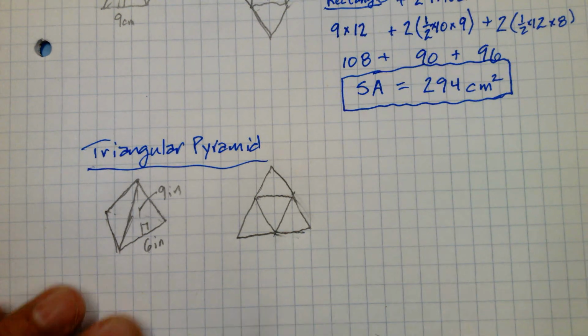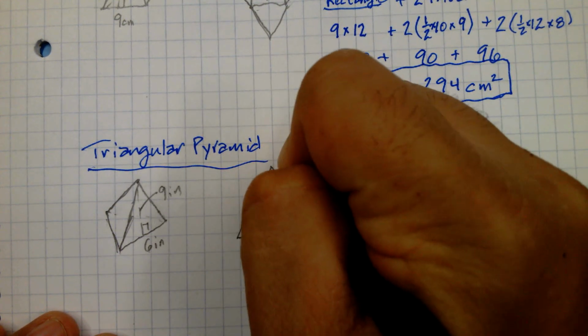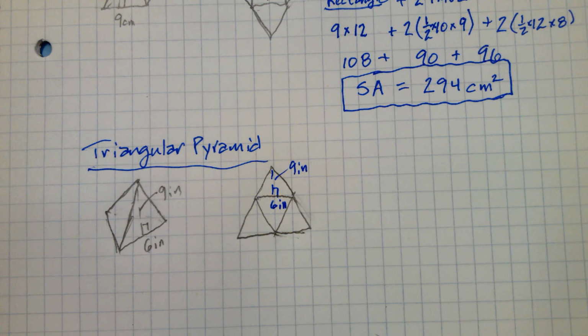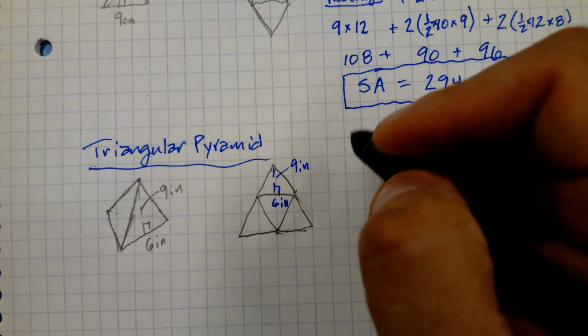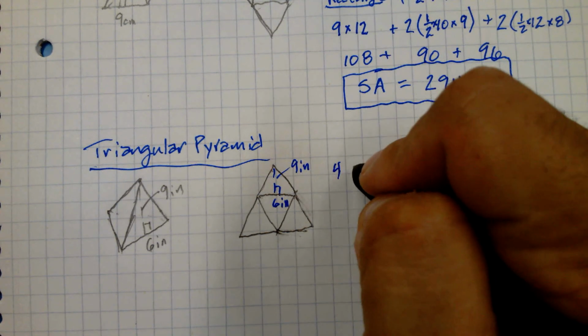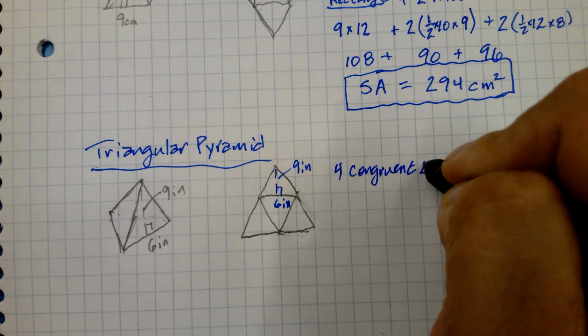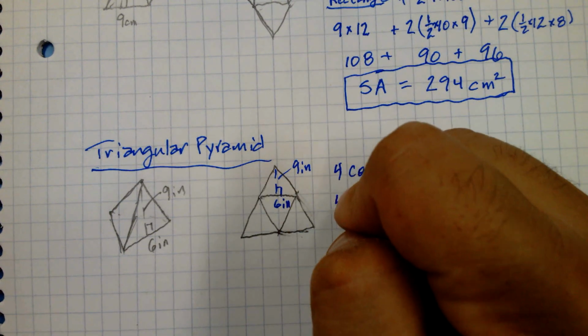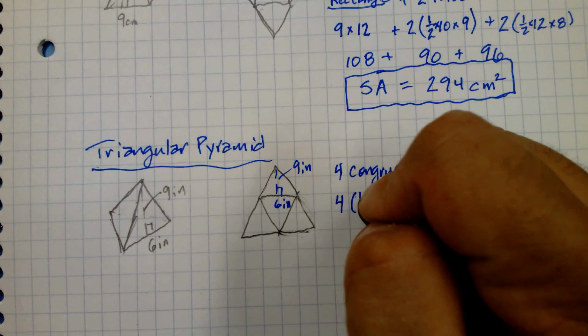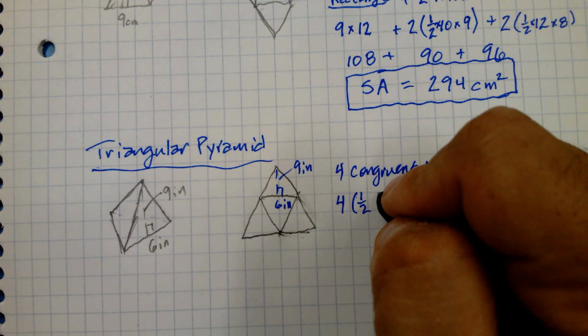Because the dimension for each triangle is 6 for the base, 9 for the height. And how many do we have? 4. Oh. Well, let's see. I see where you guys are going. It's 4 congruent triangles. So we would have 4 times 1/2 times 6 times 9.